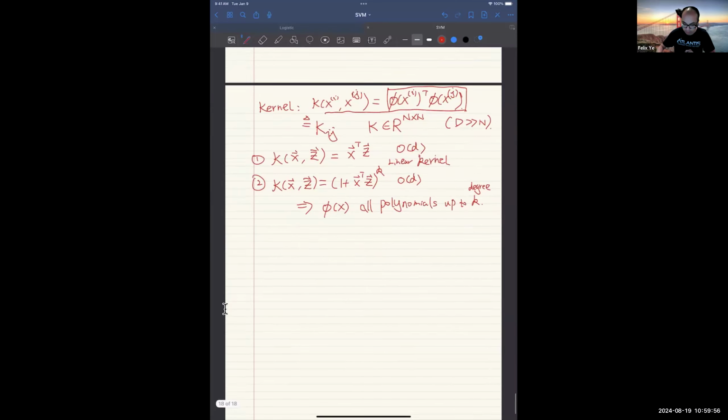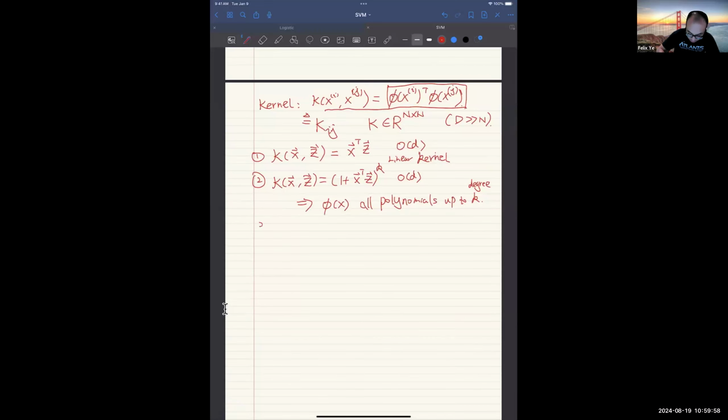The third one that we have is the Gaussian kernel, which is also a very common one.